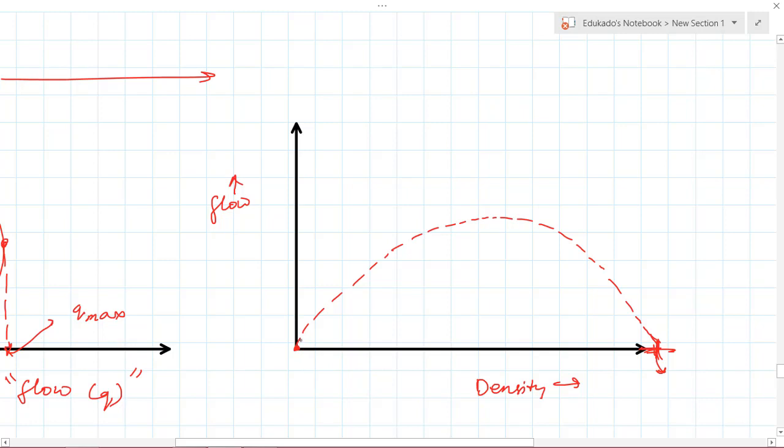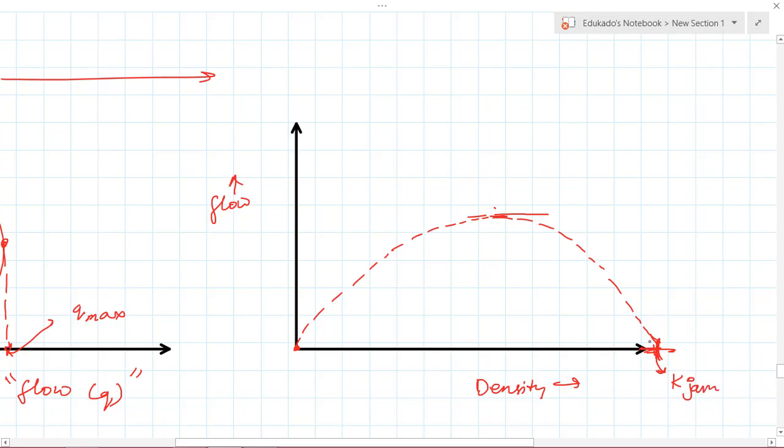But as soon as vehicles start coming, the flow increases, the density also increases, and it reaches some maximum point. After that the congestion on the road increases, and so the flow decreases as the density keeps on increasing, and a point is reached when the flow is again zero, but the density is maximum. So this density is known as jam density. I can call it K jam.